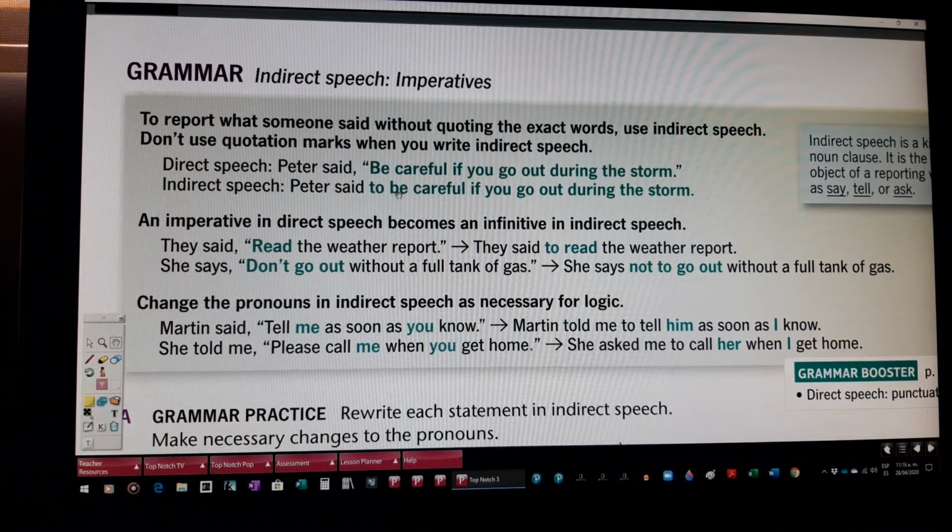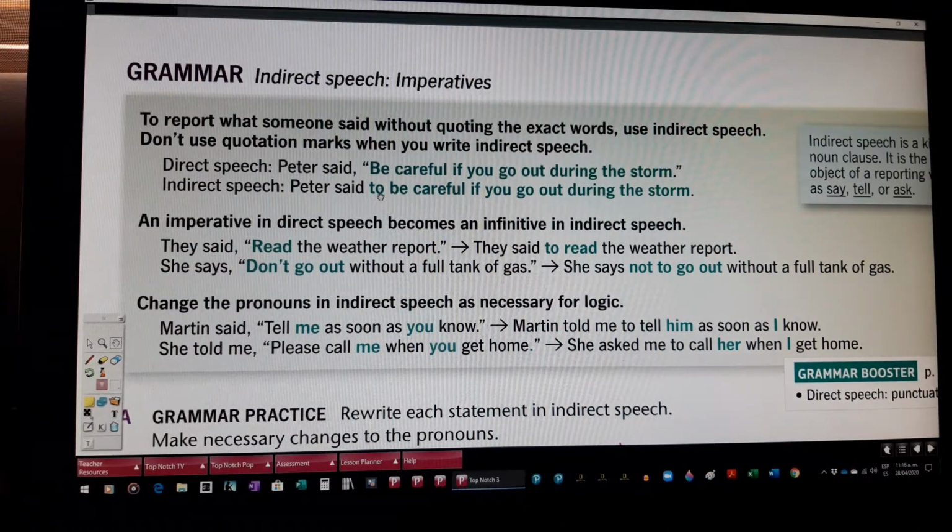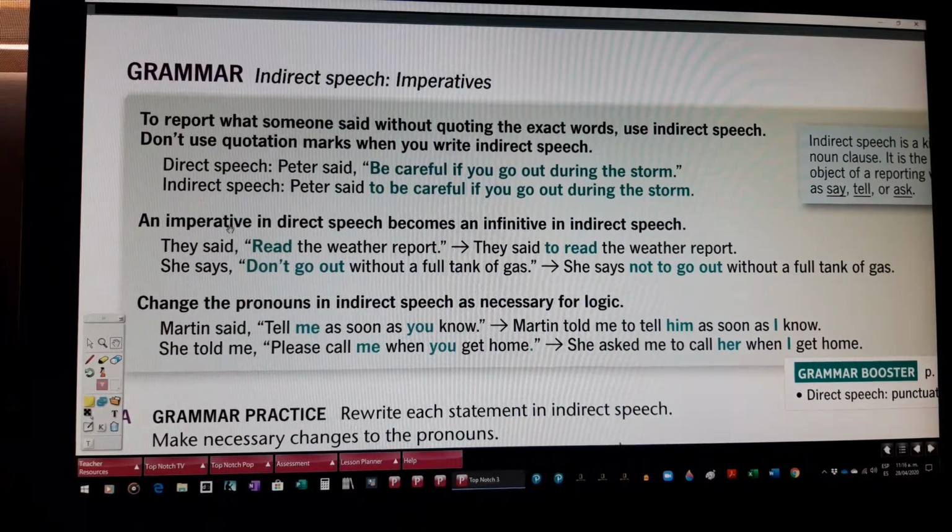Peter said to be careful if you go out during the storm. ¿Cuál es la diferencia? Que en el discurso indirecto está el to antes del verbo be. Okay? An imperative indirect speech becomes an infinitive indirect speech.